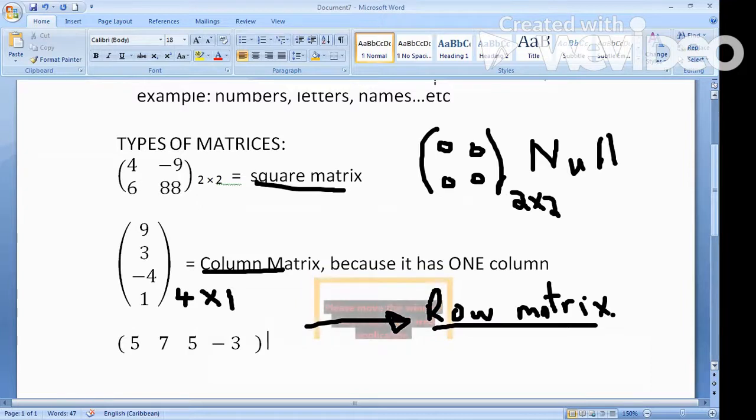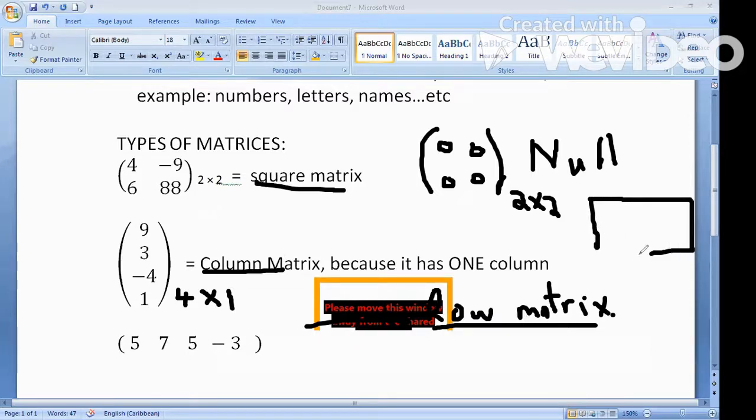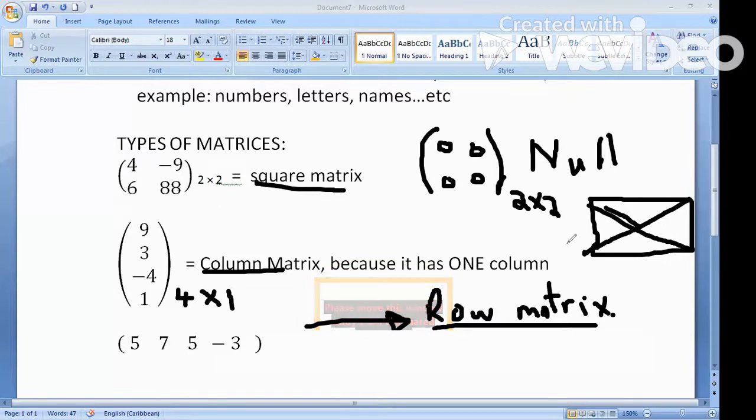Just to point out another thing: first of all, what is a diagonal? If I give you a rectangle like this, and you draw crosses like that, these two lines are called diagonals.